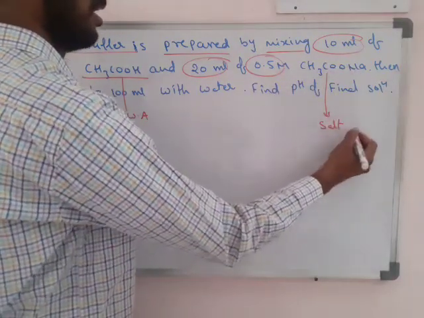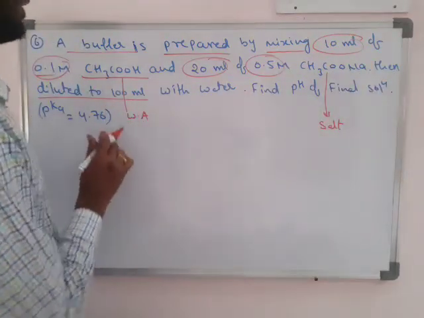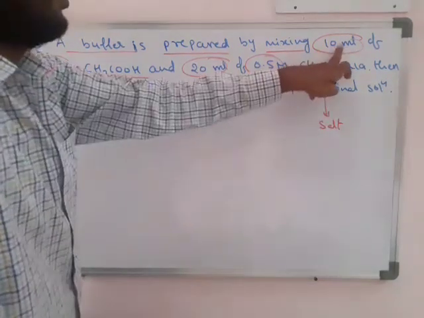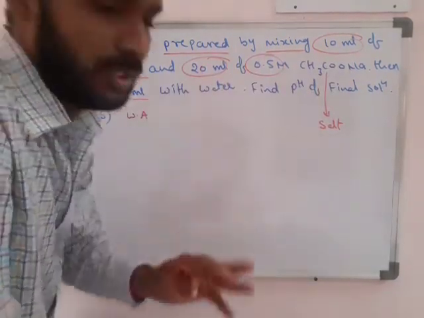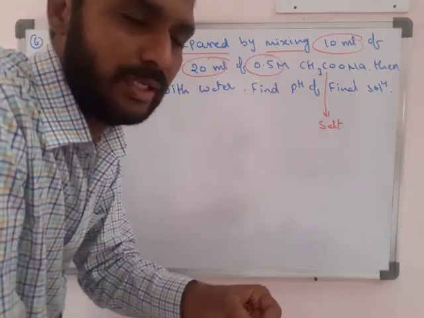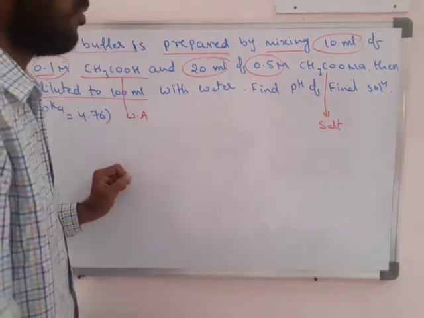Then the solution is diluted to 100 milliliters. Means what is the initial volume? This is 10 ml, this is 20 ml. The total mixture becomes just 30 milliliter. But after adding 70 milliliter of water, they made it to 100 milliliter. So find the pH of the final solution.